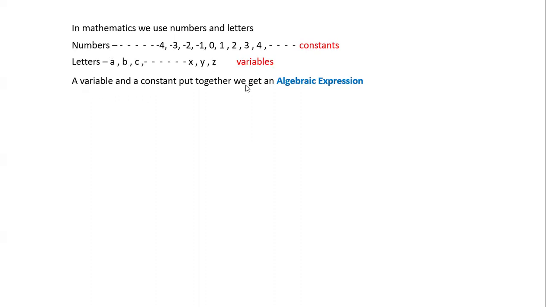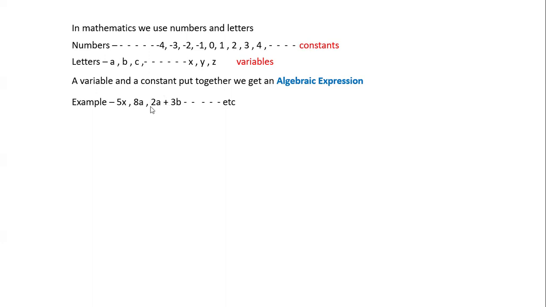When you put them together, we get an algebraic expression. For example, 5x. x is a variable, 5 is a constant, so 5x is an algebraic expression. 8a: 8 is a number and a is the letter, therefore it is an algebraic expression. 2a plus 3b: there are two terms with a plus sign between them.